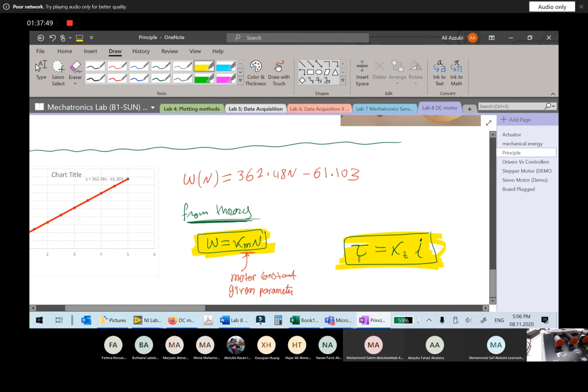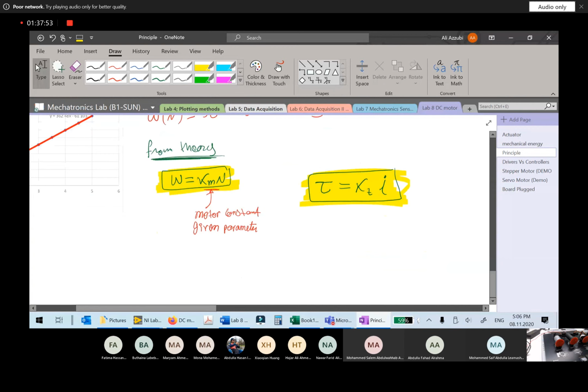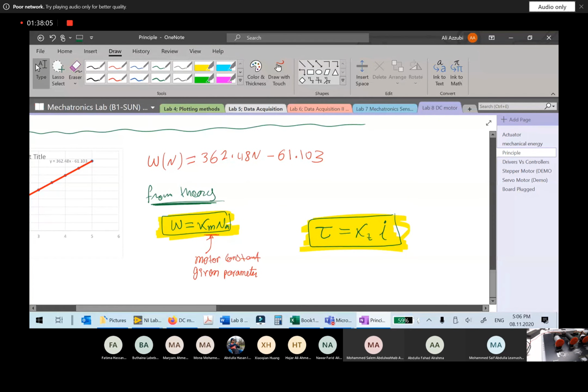Okay, so these two relations are important. Why? Because they simply relate mechanical and electrical variables. So here it says if you know V motor, just multiply it by this Km and you'll get omega. Now what's this value? This is actually my experimentally found Km, the motor constant. Okay, sure? You all understand these details?